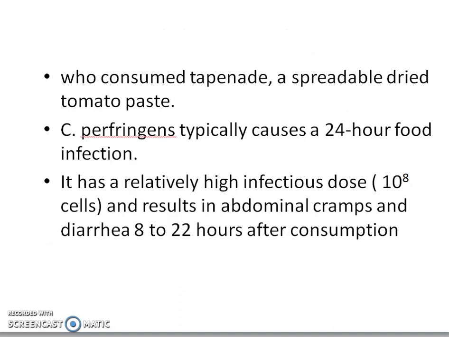Previously there were instances where spreadable dried tomato paste was infested with Clostridium perfringens toxins. It usually results in a 24-hour food infection. Clostridium has a very high infectious dose of about 10 to the power of 8 cells and results in abdominal cramps as well as diarrhea, which lasts about 8 to 22 hours after consumption.